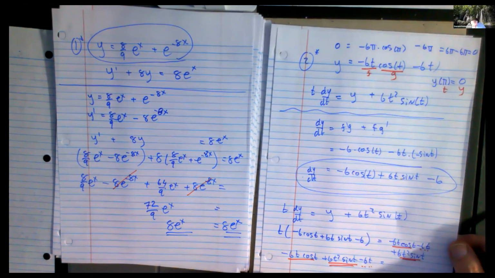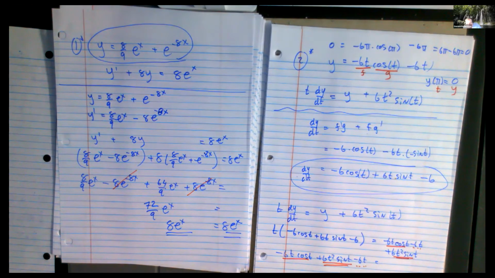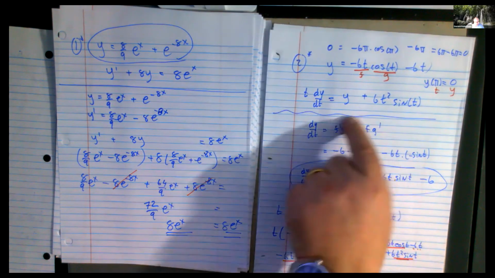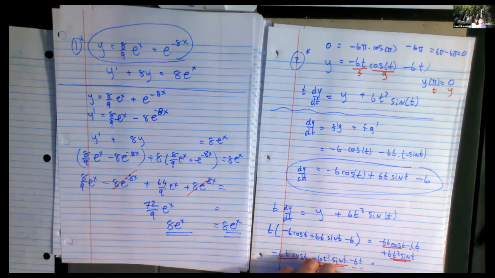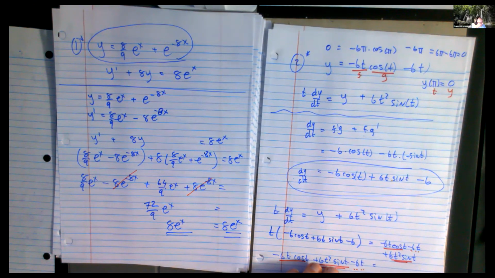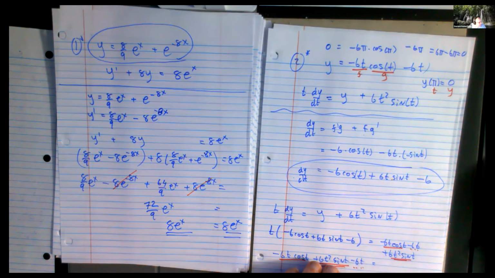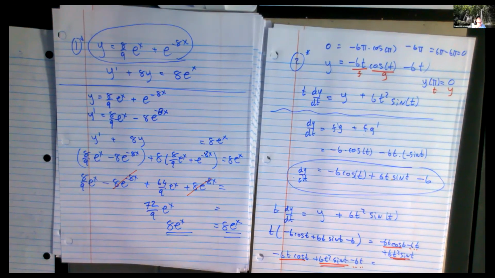So if I say to you, here's a differential equation, check that this guy is the solution, basically, this is how you would go about it. Right. Different kind of tack on the next question.